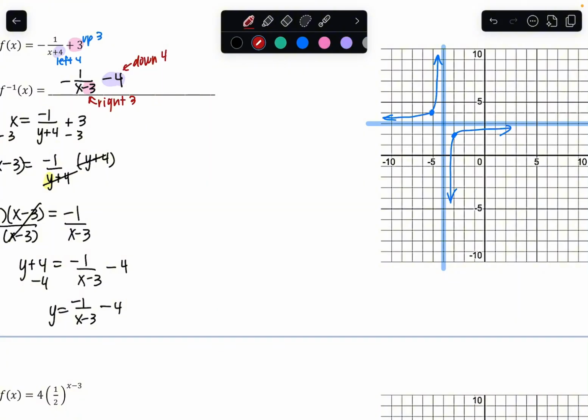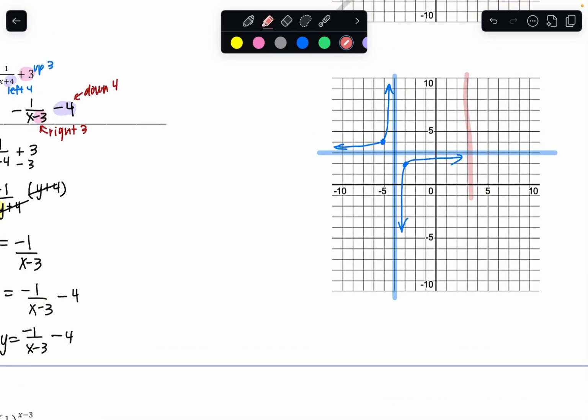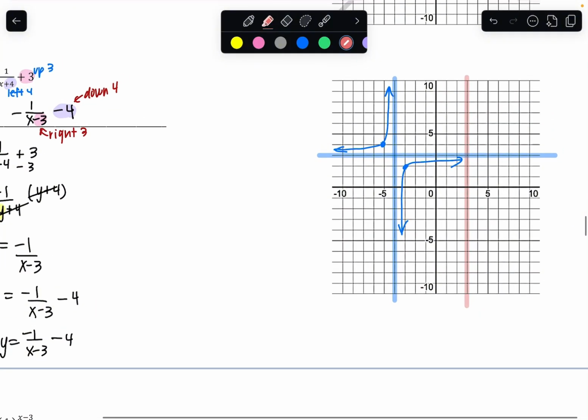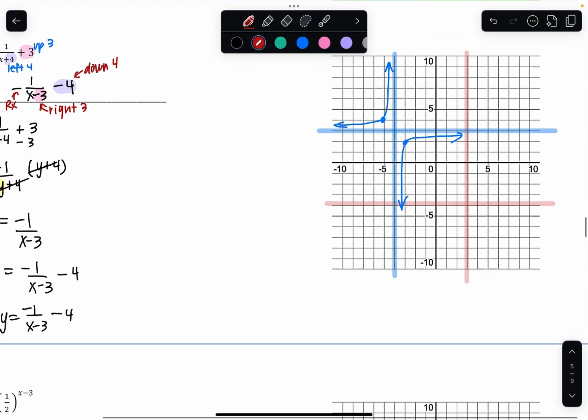Okay, so right 3 would put the vertical asymptote at +3. And then down 4 would put the horizontal asymptote at -4. And then the reflection across the x-axis is going to put us in quadrants 2 and 4.